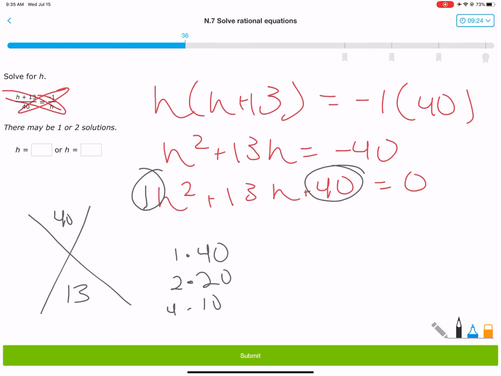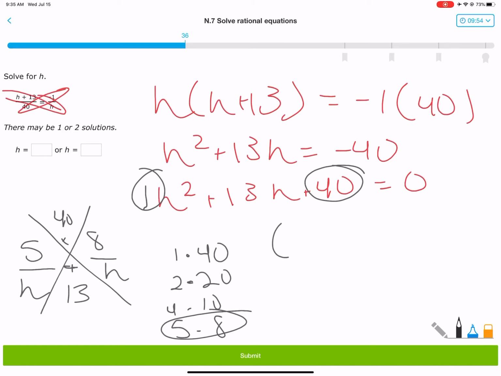We could do 5 times 8. If I do 5 times 8, it's going to give me 40. And then if you add them, it gives you 13. So that's our answer. And then we're going to put it over h.